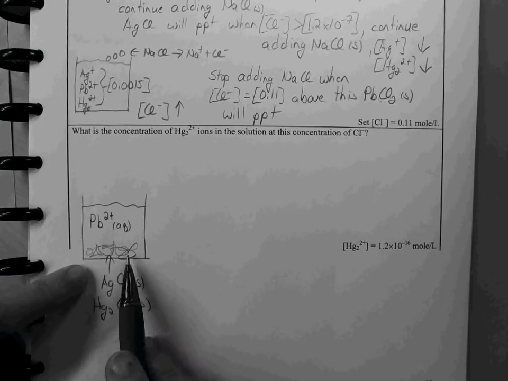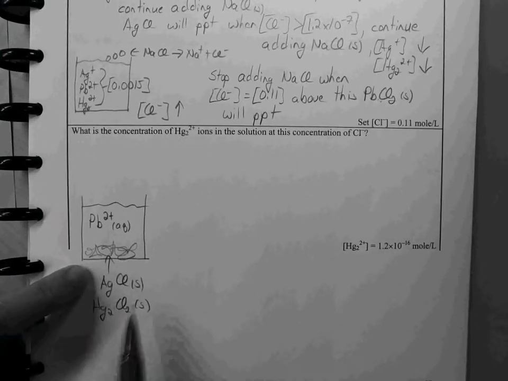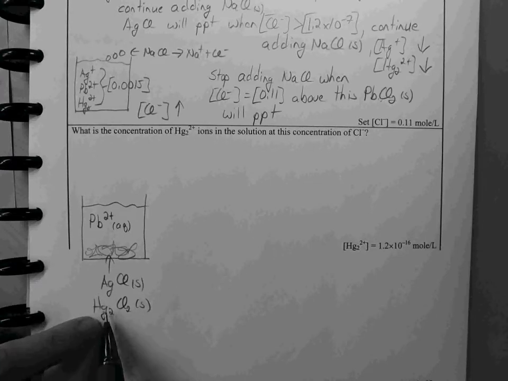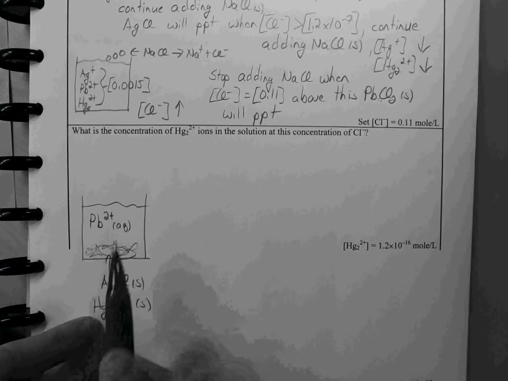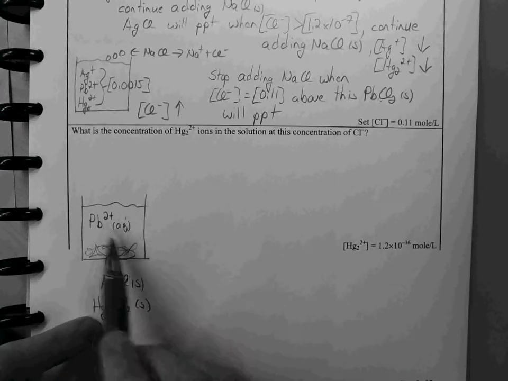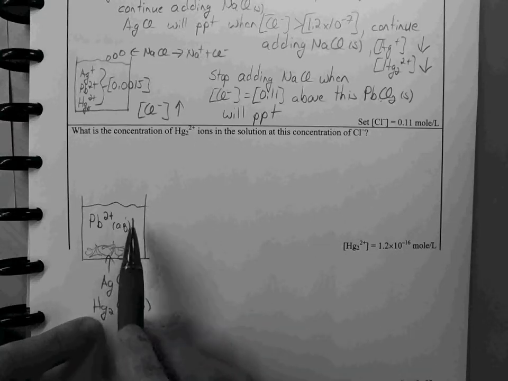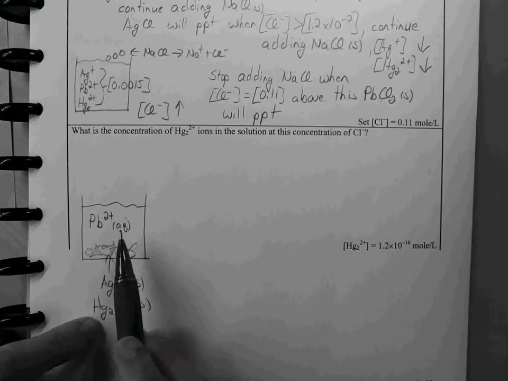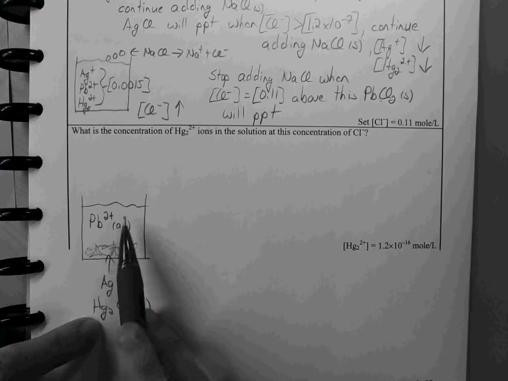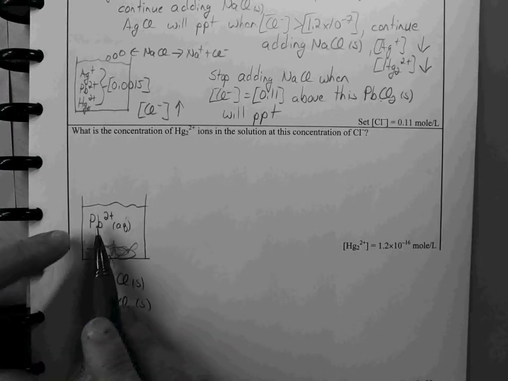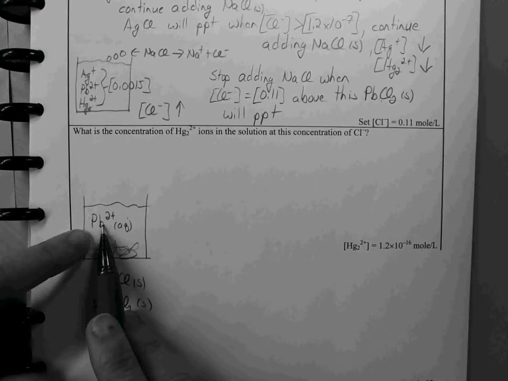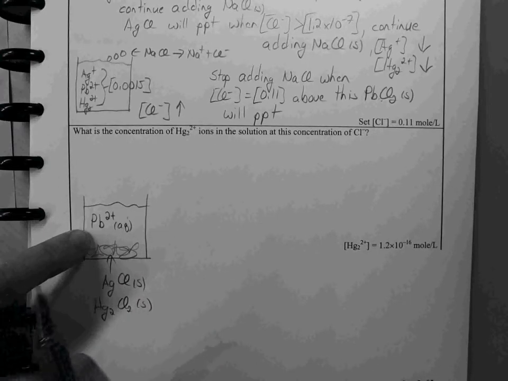But I want to prove that to you, i.e. we're going to calculate what concentration of mercury 1 ions are still present in this solution. It's going to be very low, but it'll be there. What concentration still exists in solution when lead 2 plus is in equilibrium with its chloride.